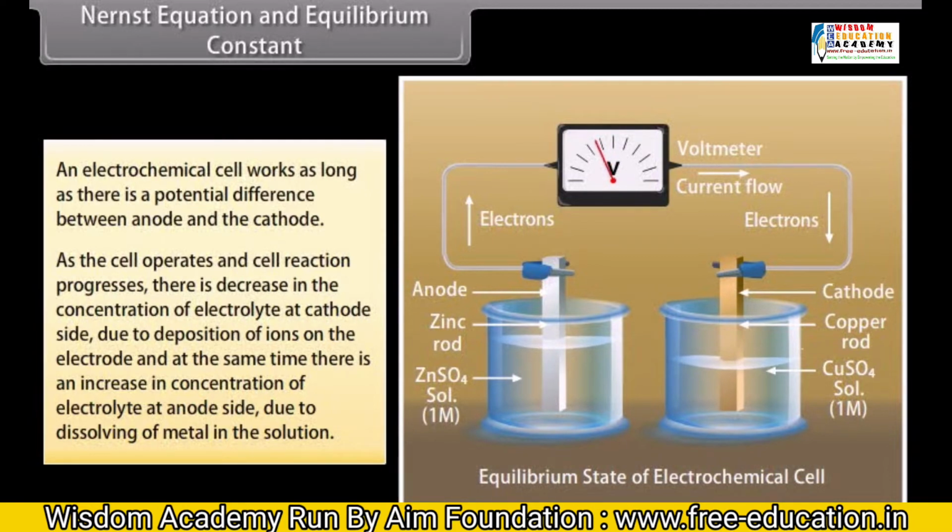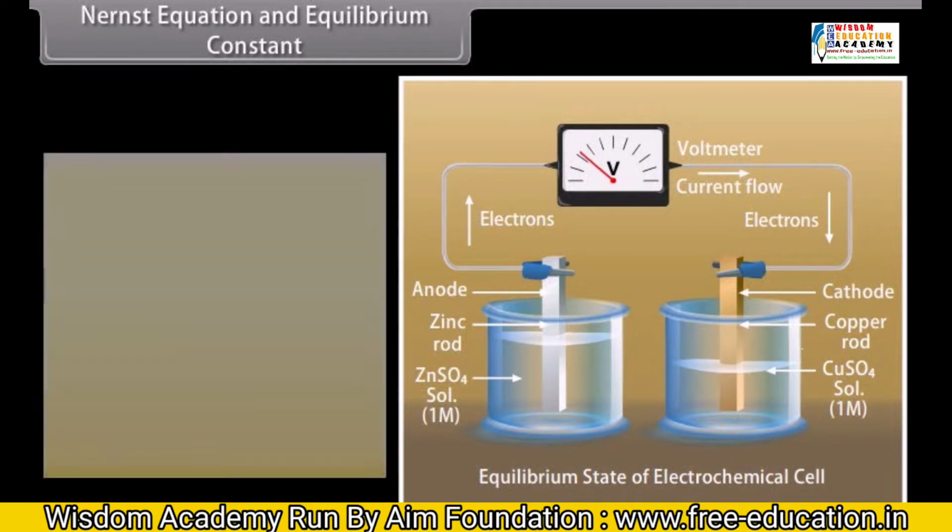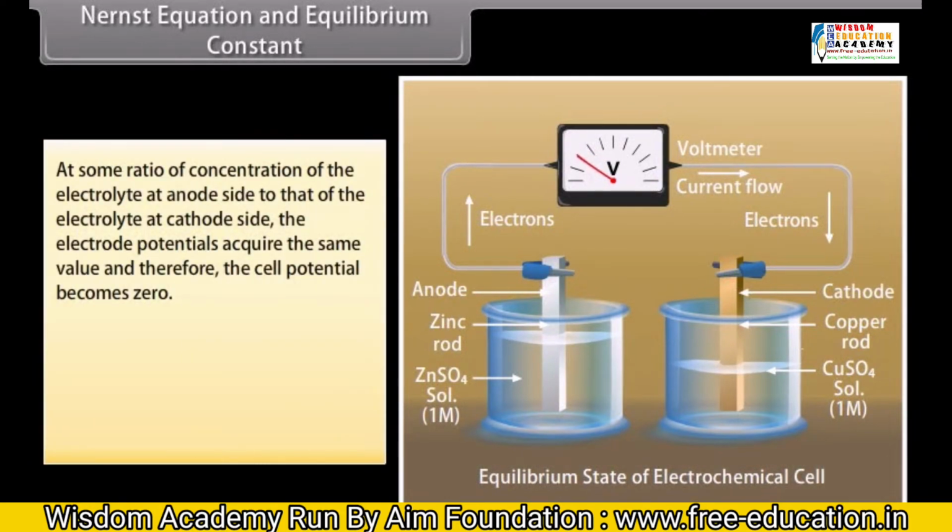Consequently, electrode potential of the cathode decreases and that of anode increases with the passage of time. Ultimately, at some ratio of concentration of the electrolyte at anode side to that of the electrolyte at cathode side, the electrode potentials acquire the same value and therefore the cell potential becomes zero.